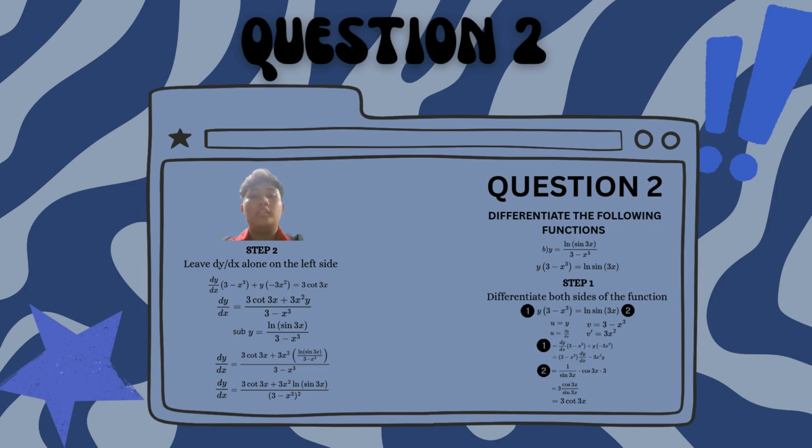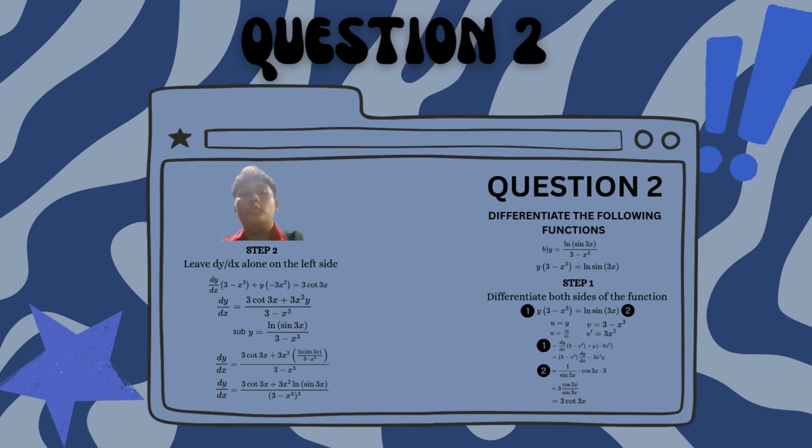And then we will get 3 cos 3x over sine 3x. A bit of reminder, cos x over sine x is cot x. So cos 3x over sine 3x, we will get cot 3x. So the answer will be 3 cot 3x.